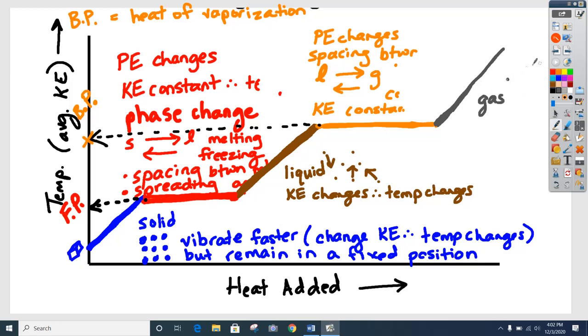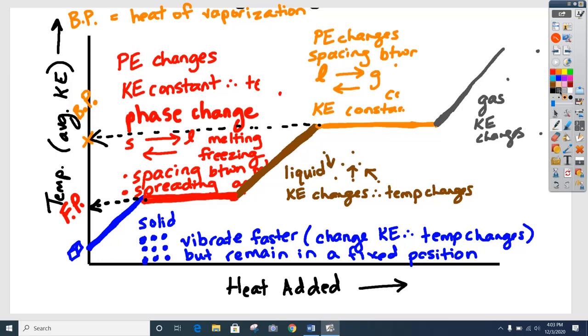The molecules are now spaced very far apart from each other. And any heat energy that you continue to add to those gas molecules is going to change their motion. It's going to make the molecules move faster, vibrate faster, and therefore your kinetic energy will change, but your potential energy will remain constant. Your kinetic energy changes.